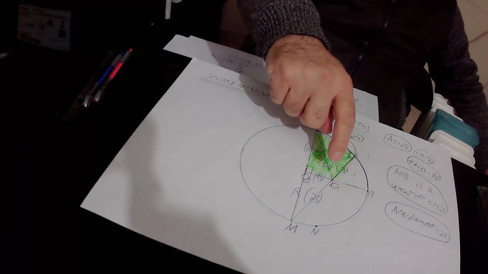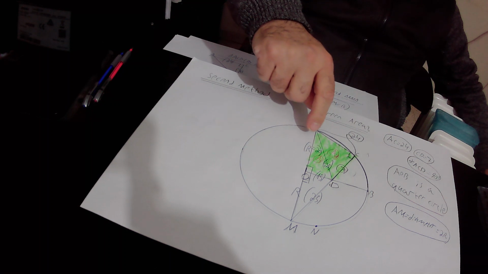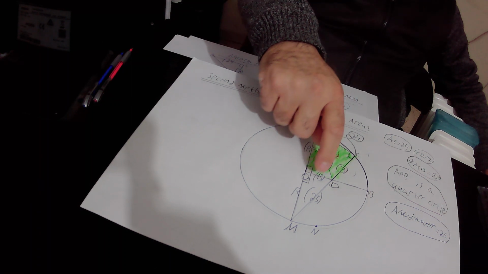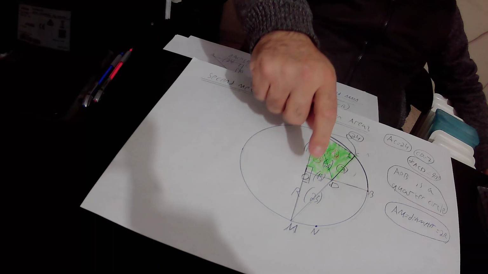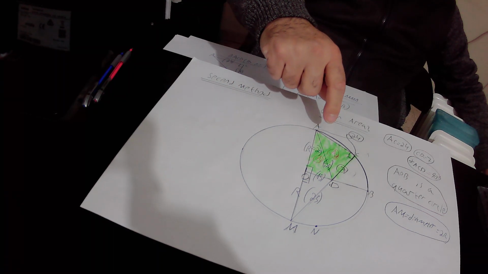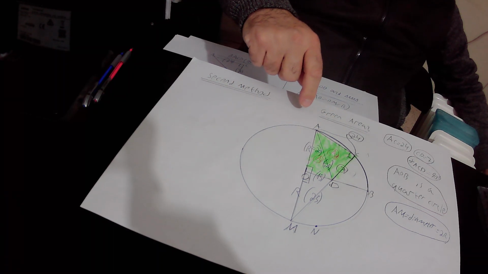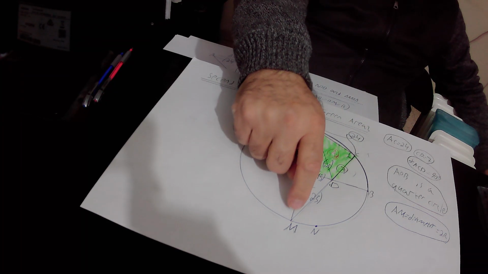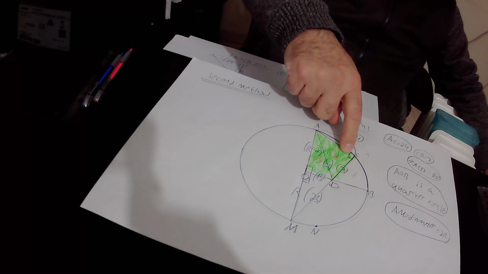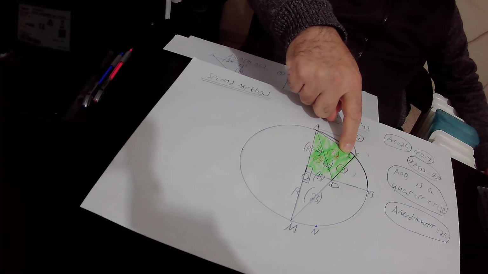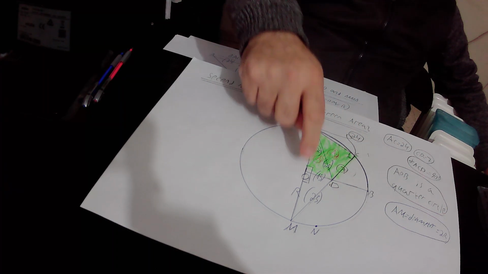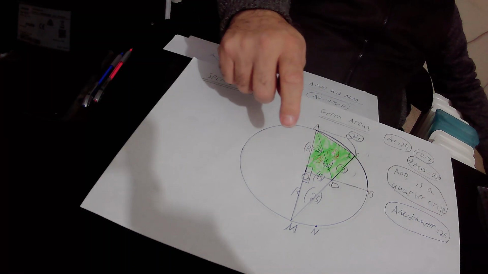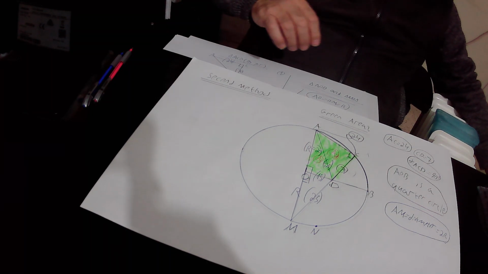Otherwise, you have a contradiction to rule number 5. So if the extended CD will touch the circle at point M, then we will not have any more contradiction to rule number 5. Why? Because according to rule number 5, this is peripheral angle ACM that is equal to 90 degrees, and indeed it rests on AM that is the diameter of the circle. Exactly according to rule number 5.